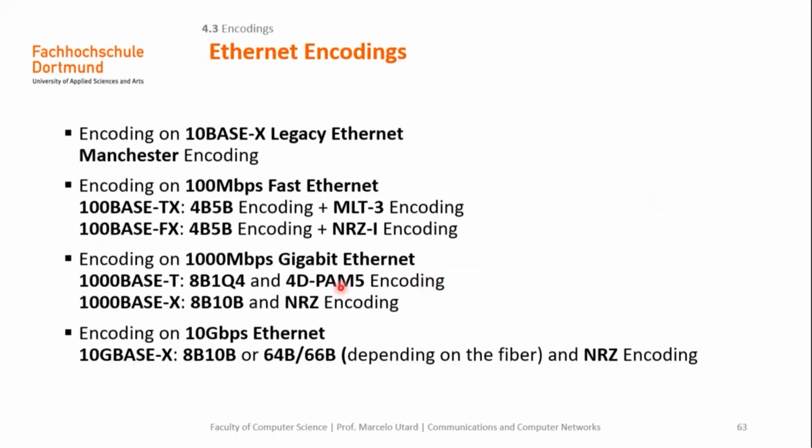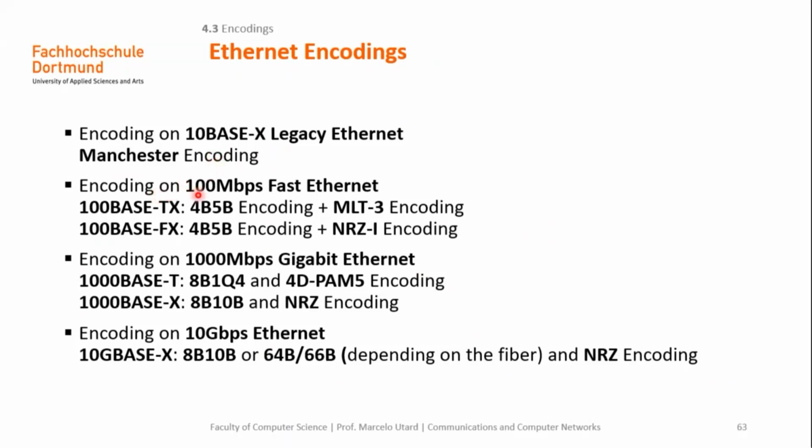And then here we are, different encoding mechanisms used in the different Ethernet technologies. For the case of 10 megabit legacy Ethernet, we use Manchester encoding. It was one of the first encoding techniques used to transmit information across typically local area network Ethernets.